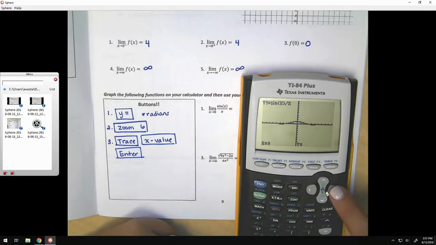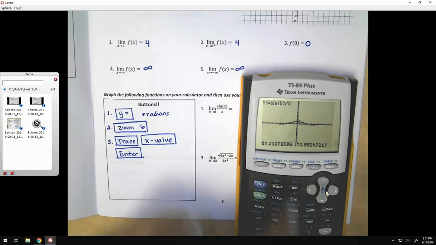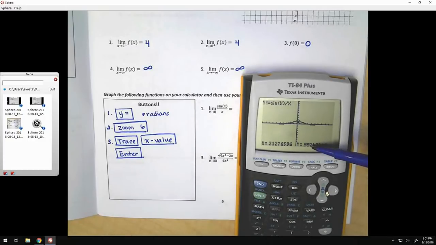So what we're going to do now is just push the right button. So kind of think about that as slide to the right. I can see that the y value close to there is 0.99, which is like 1. Slide to the left. I can see that the y value close on the left is also 0.99, which is close to 1.